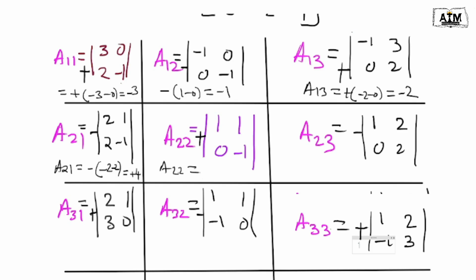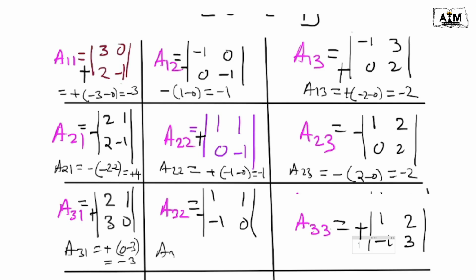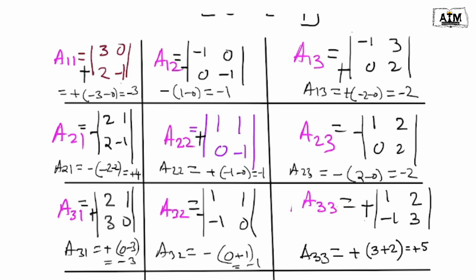Then A22 equals plus (-1 - 0) equals -1. A23 equals minus of (2 - 0) equals -2. A31 equals plus of (0 - 3) equals -3. A32 equals minus (0 + 1) equals -1. And A33 equals plus 5.